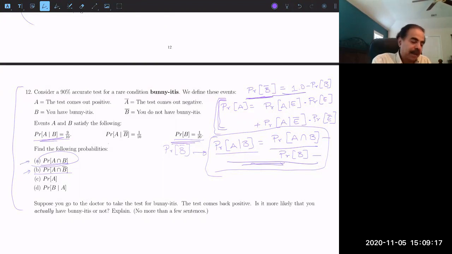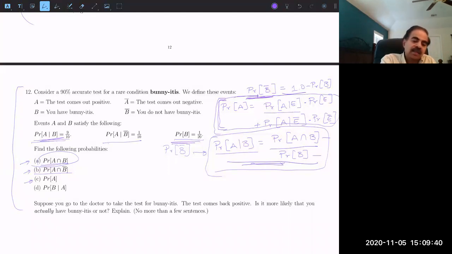Okay, and probability of A you can obtain using this formula, right? It gives you probability of A given E and probability of A given E bar. And in this case, you have probability of A given B bar and probability of A given B, right?